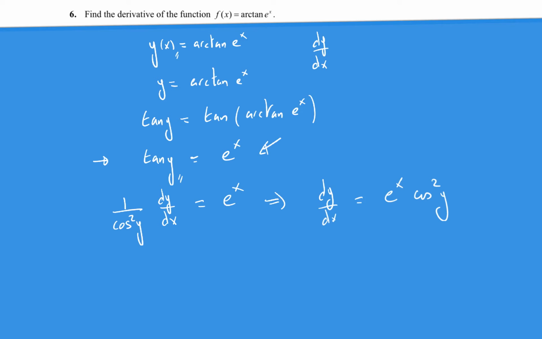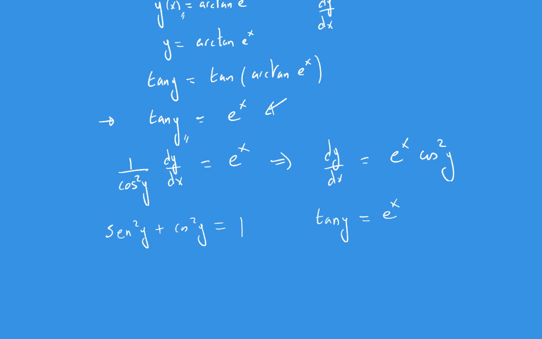I will do it using the trigonometric relation of the Pythagorean theorem: sine square of y plus cosine square of y is equal to 1, and I will help myself with the relation that tangent y is equal to e to the x. Let's do it to find cosine square of y.